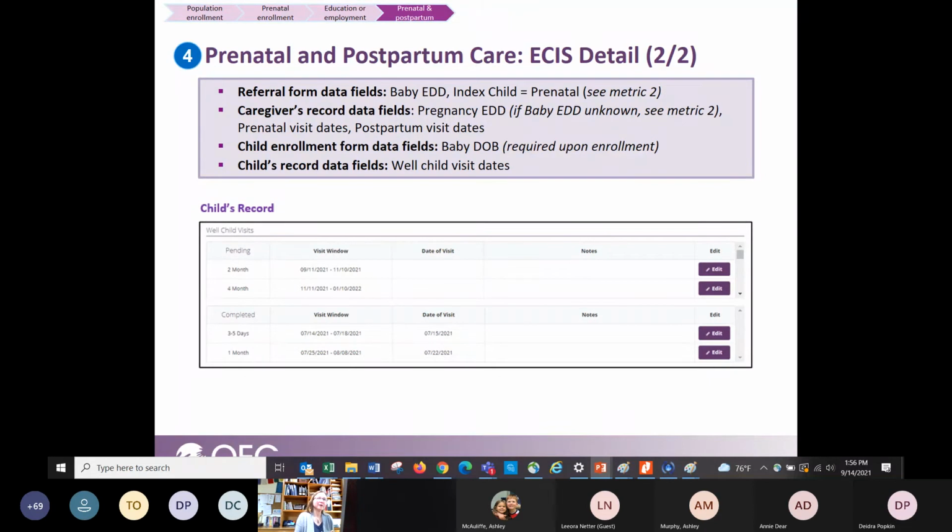So back to rate card. This is where you enter the child's well child visits, and the rate card looks at those dates that are entered. The rate card simply looks at whether there was at least one well child visit within 8 weeks of delivery. So this is an instance where it's slightly different from the benchmarks.